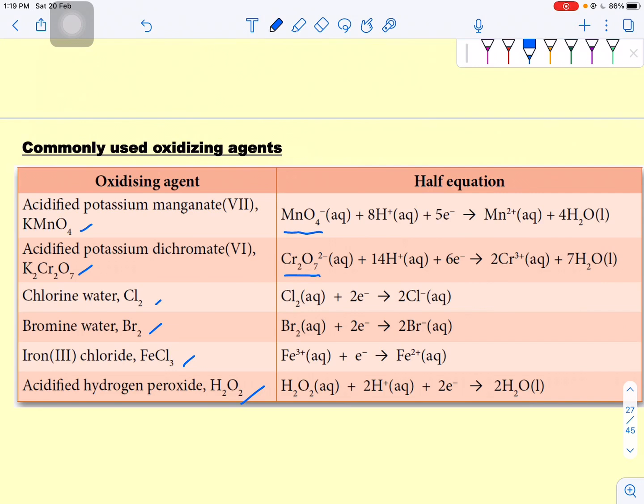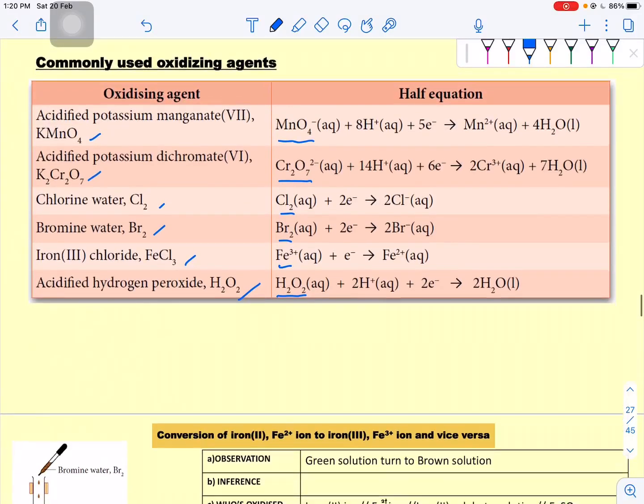Benda-benda ni yang beri impact dalam reaction. Okay. Chlorine water, memang kita ambil chlorine water lah. Bromine water pun sama. Iron 3 chloride, we focus on iron 3. Hydrogen peroxide, memang kita kena ambil hydrogen peroxide itself. So kalau molekul memang kita ambil direct lah semua sekali, macam Cl2, Br2, H2O2. But for the compounds yang ada ions, we have to decide. Dan kita kena tahu, this is the knowledge. Kena tahu which ion we are going to focus on.